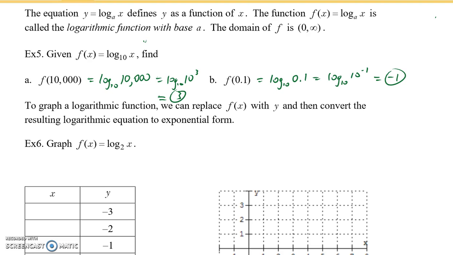So for a given value in the domain of our function, we should be able to find one value that represents the function value. And we just have the restriction that the value we substitute into the function must be a positive real number.